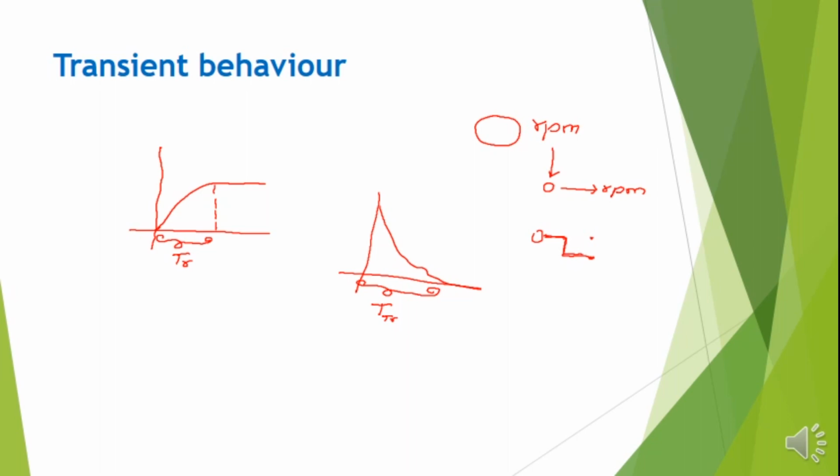That means whenever there is a switching or change in the supply, a change in an input variable, the system behaves with some uncertainty. Correct? It is gradually increasing, and in this case, it is gradually decreasing. So, this behavior, once again I am telling, is transient behavior.